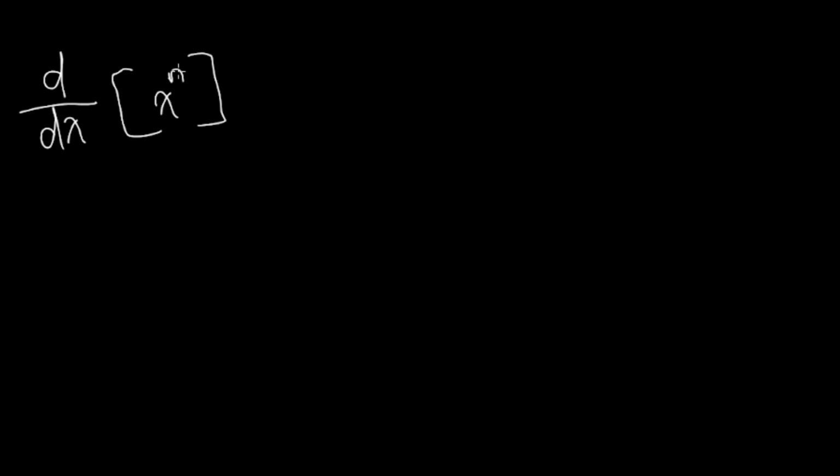So n is the exponent, x is the normal constant. We bring this number to the front, we multiply it by x and we subtract 1. So this is basically equivalent to nx to the power of n minus 1.